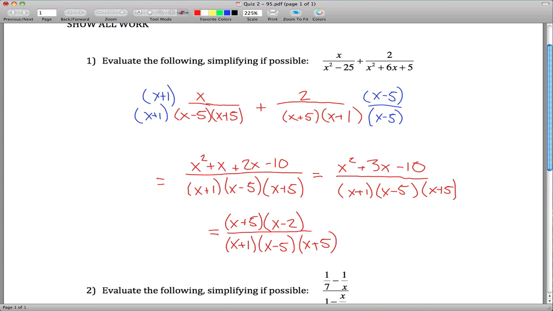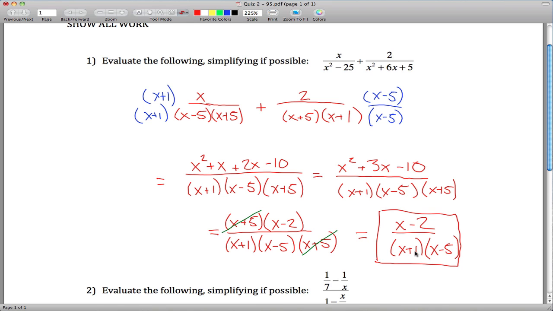But we got an x plus 5 on the top and an x plus 5 on the bottom. I think that's all we can cancel out. So our final answer is x minus 2 over x plus 1 times x minus 5.